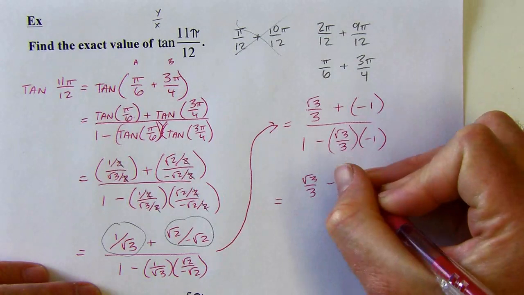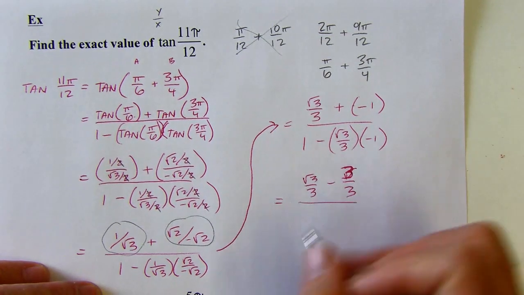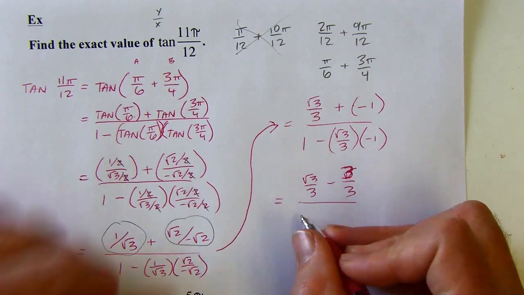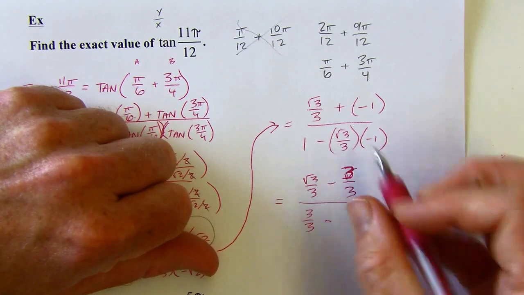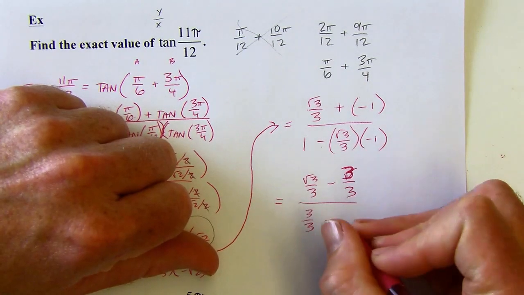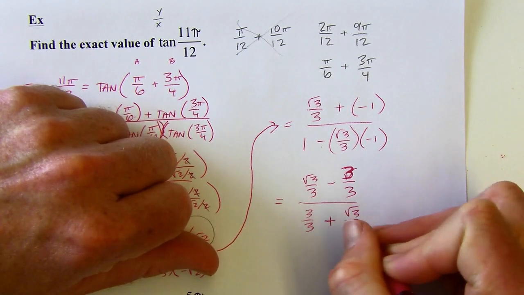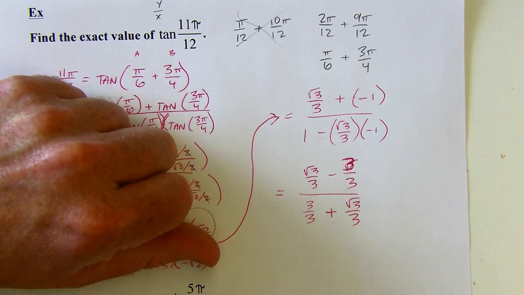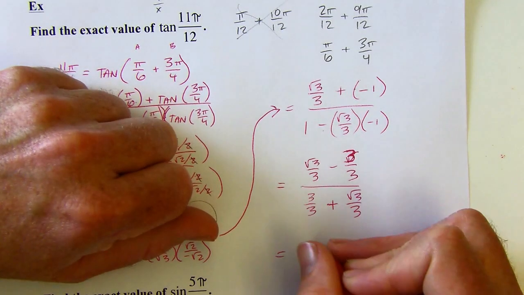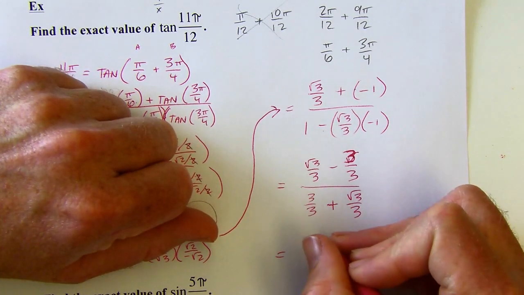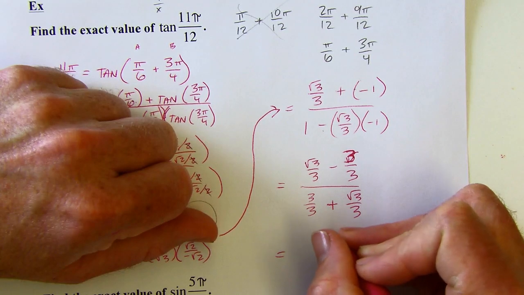I started to write a square root for some reason. Okay, on bottom, I'm going to write the 1 as 3 over 3, and then a negative times a negative is positive, and I got it down to this. Okay, so now on top, we can combine that top fraction into root 3 minus 3 over 3.